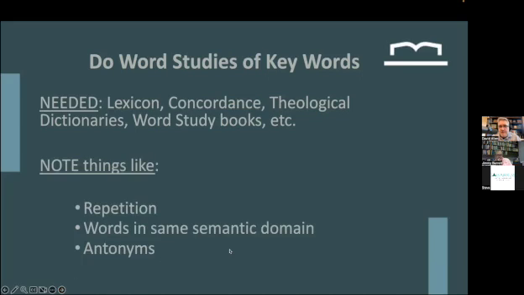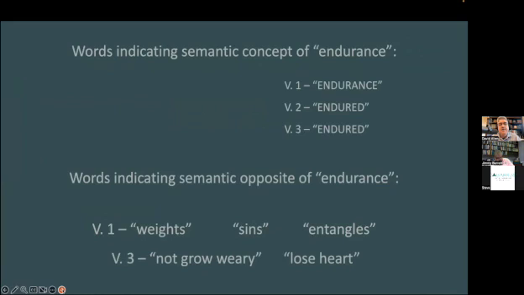Now, when you get ready to do word studies, look at things like repetition. Are there words that are repeated in my text? Look at words that are in the same domain semantically. In other words, are they synonyms? Or what about antonyms? Let's just do that.